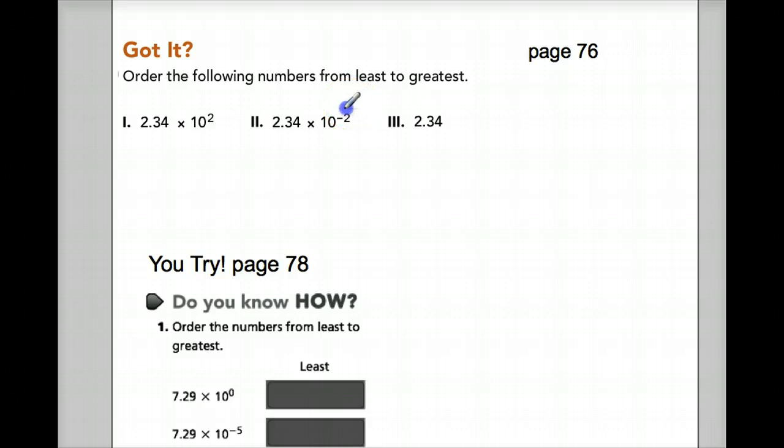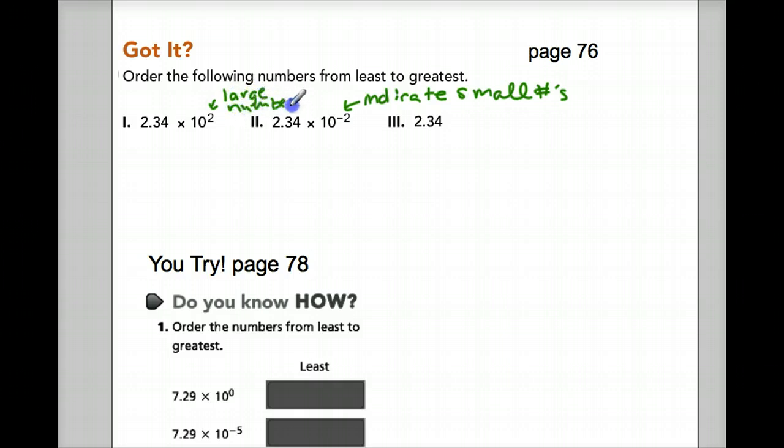So I want you to know that negative exponents indicate small numbers, very small numbers. And positive exponents are large numbers, as we're used to.